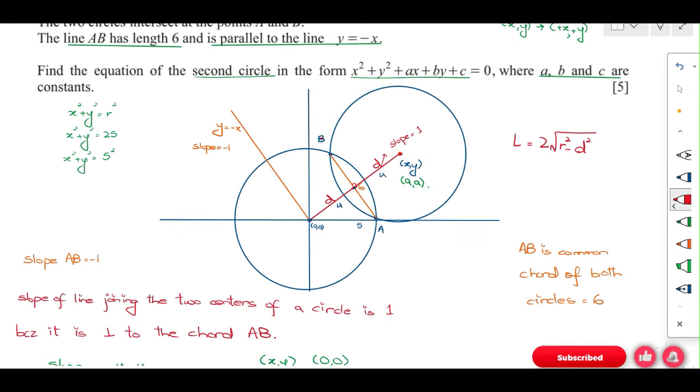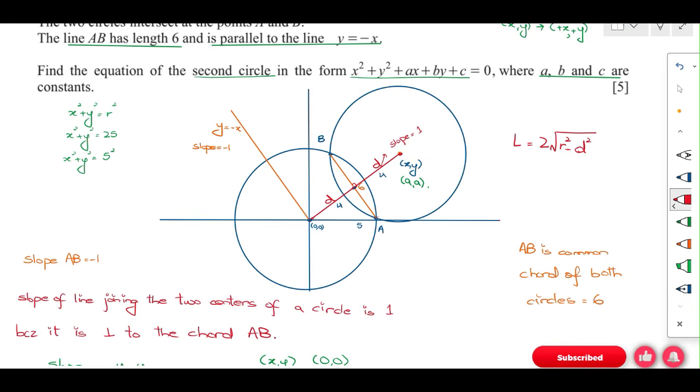Draw another circle in the first quadrant where x is positive and y is positive, because it is mentioned that both coordinates of the center must be positive, right? And these two circles intersect at the points A and B, and AB is basically the common chord of the circles, and it has a length of 6, and this AB must be parallel to y equals minus x. If this slope is minus 1, this slope is minus 1, right?